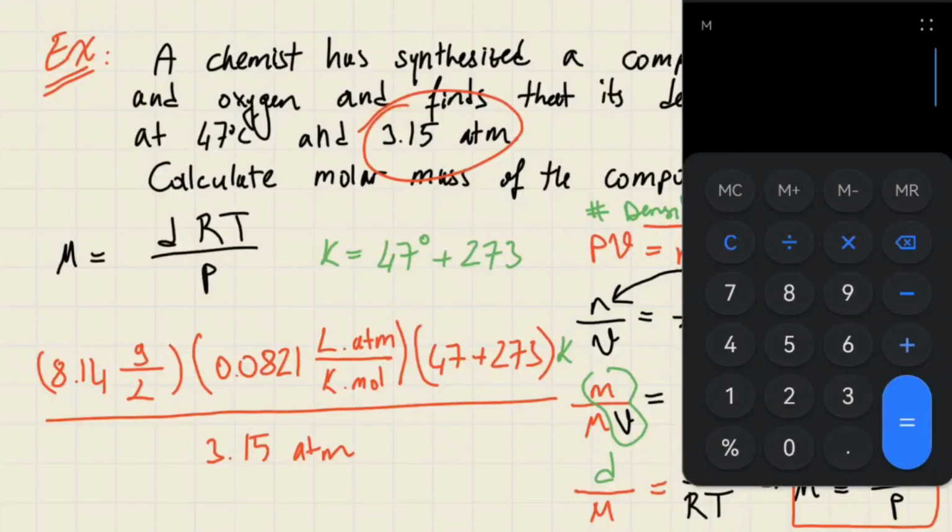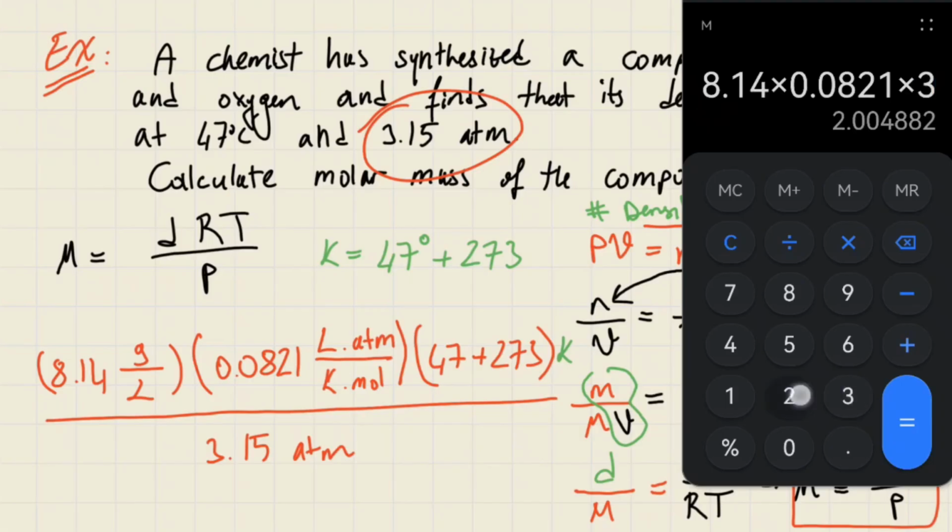We can make the calculation: times 0.0821 times 320, I think.